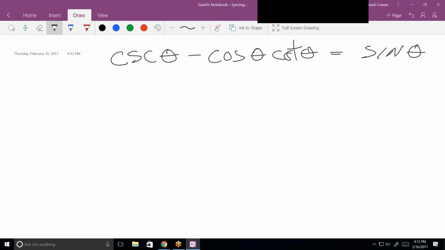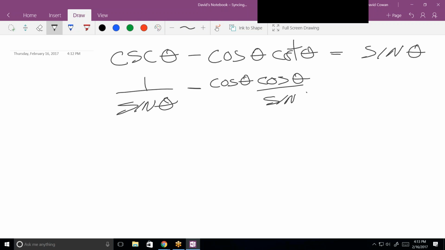So what's cosecant equal to in terms of sines and cosines? 1 over sine. And cosine, I will leave the same for the moment, but cotangent is cosine over sine. Now look at how nicely this is going to work out. That's going to turn into cosine squared.